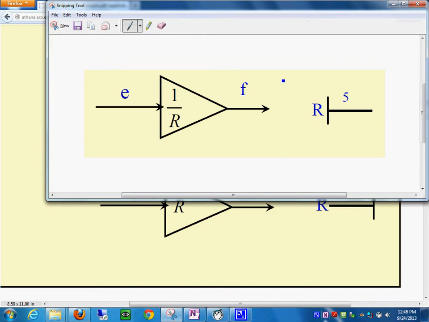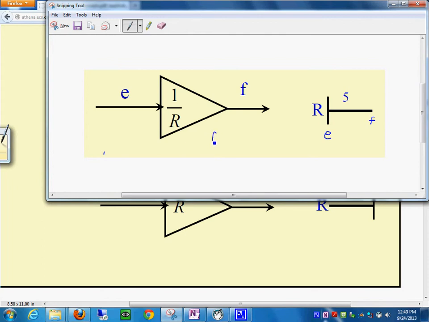For example, in here, if I can make some notes, this I can say is the effort right here. This is the flow, see? So this is saying to me that the output of R is the flow.